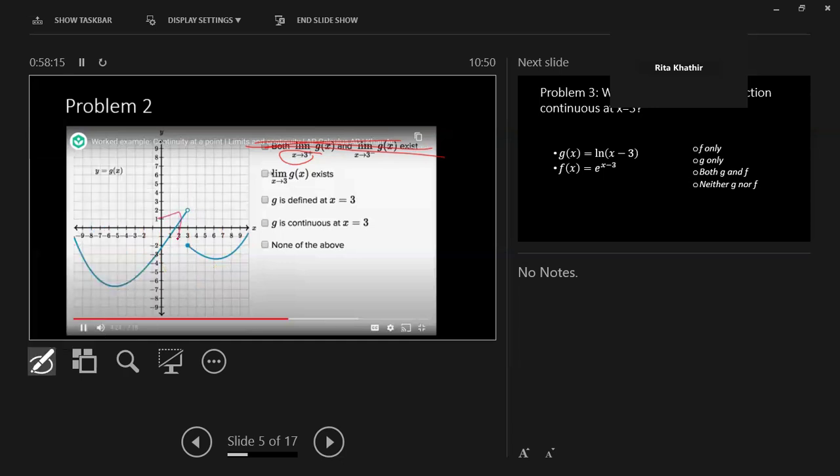If you go to this, and if you go to this, different, right? So we cannot say the limit x approaches 3 plus and the limit x approaches 3 minus is the same. It is different if we approach the y value, right? So does not exist.